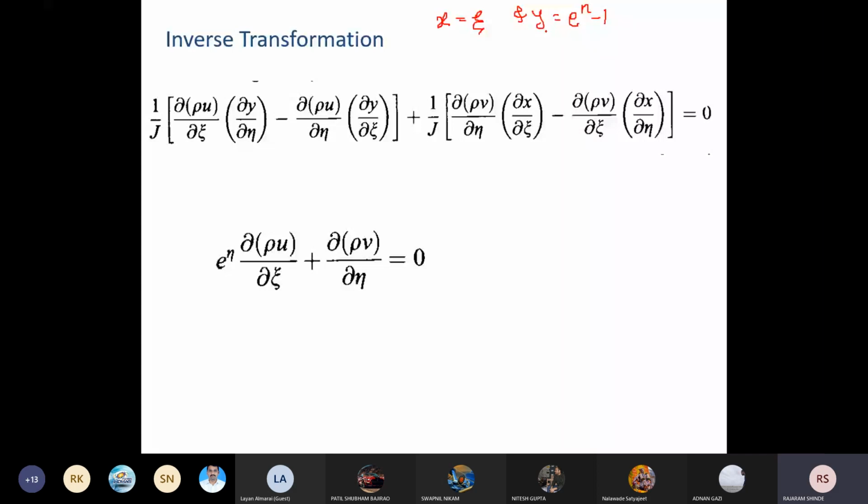Now for inverse transformation we need matrix terms. Now what are the matrix terms? These are the matrix terms.